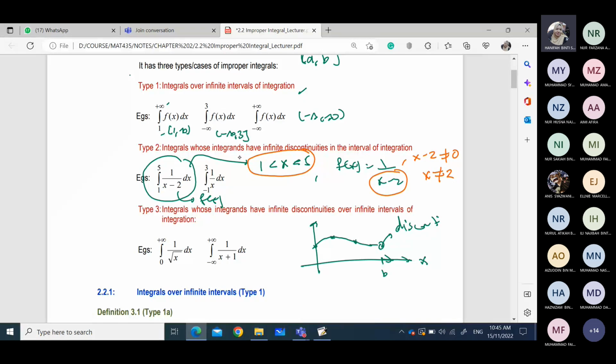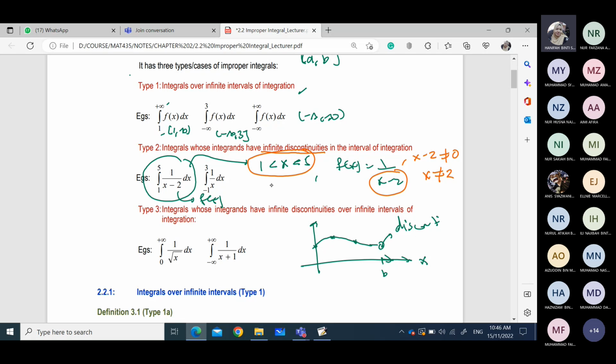Okay, so based on our discussion about this function, as x does not equal to 2, here we can say that this function is discontinuous at x equals to 2. So maksudnya pada nilai x sama juga dengan 2, dia ada gap. Itu kita panggil sebagai infinite discontinuity.